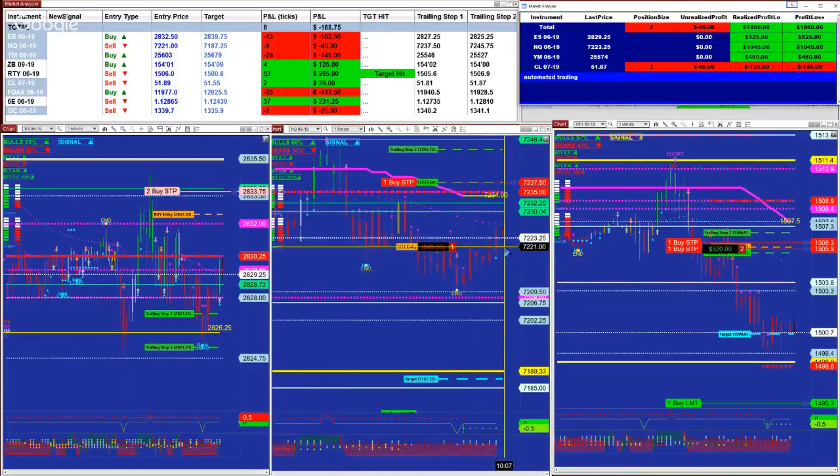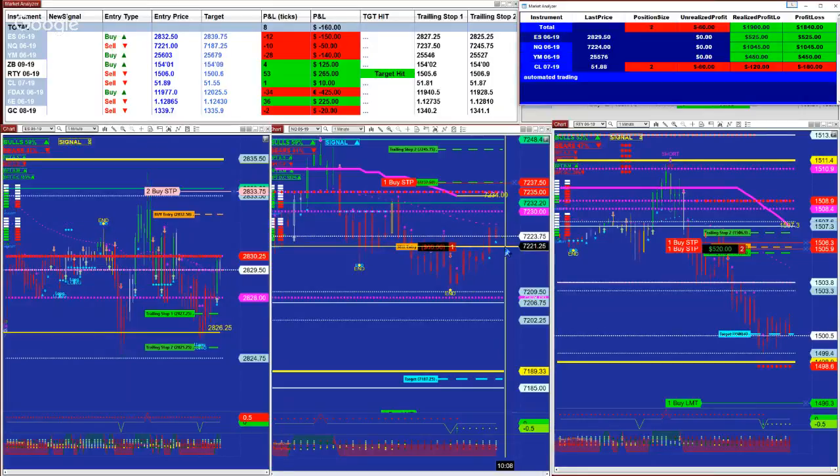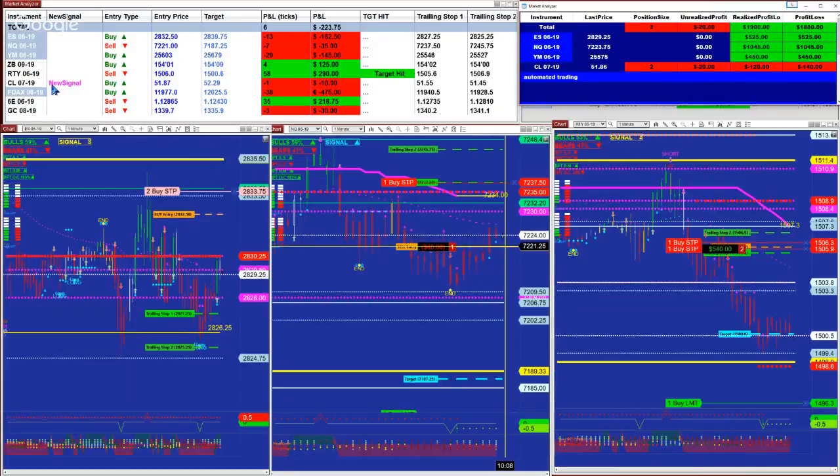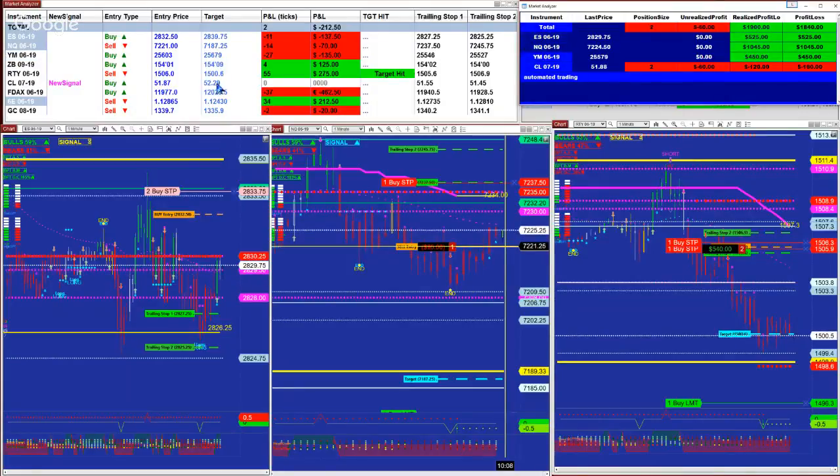If you wanted to be in a trade, you're very welcome to follow on the sim and try to put a sell limit order at 21.25, exactly what is the entry. We have a new signal on the CL, a buy at 51.87, target 52.29. We're not calling the trades for you.